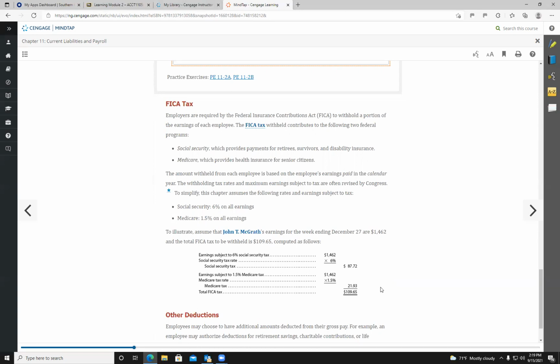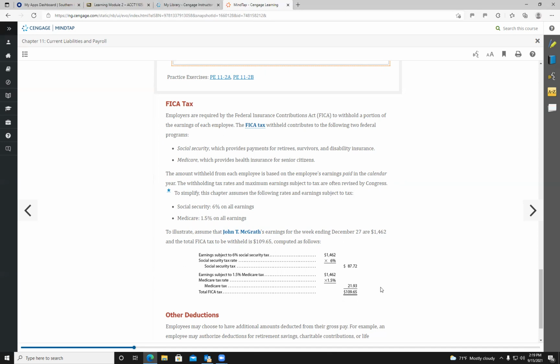All right, now here, rates do constantly change. So we do want to constantly make sure that we are up to date with what the actual withholding is for Social Security and Medicare.